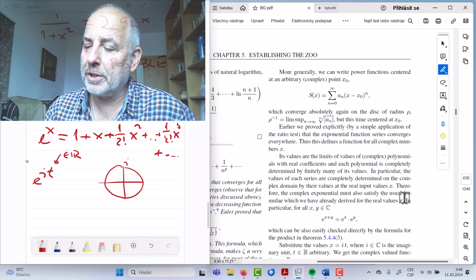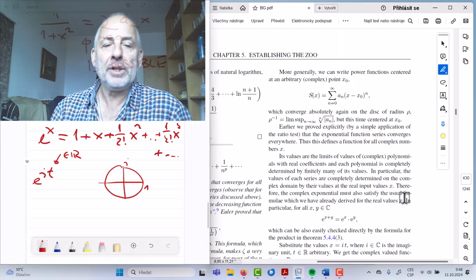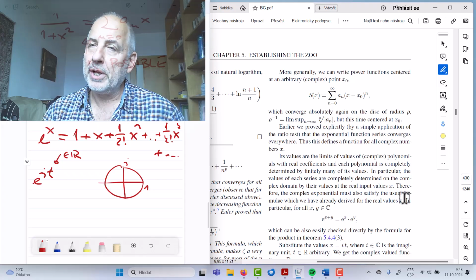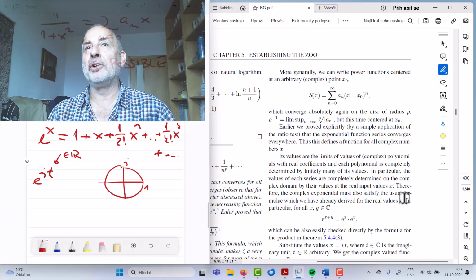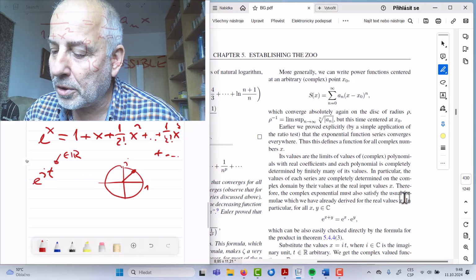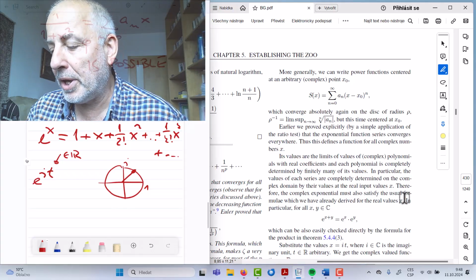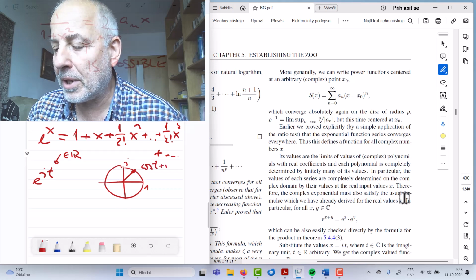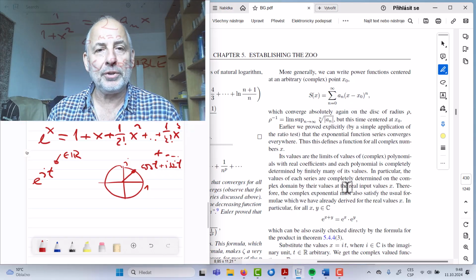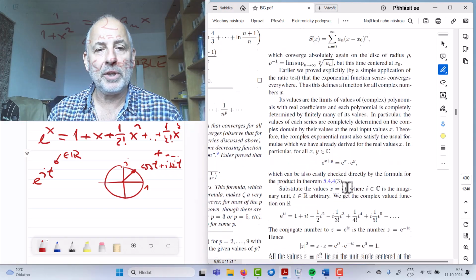So here is i, here is 1, the unit circle in the complex plane. And therefore you see that from our definition of sine and cosine by a picture, this will be a point with coordinates cosine t plus i sine t, right? And this is exactly what we can see.